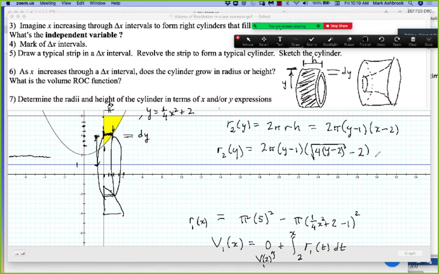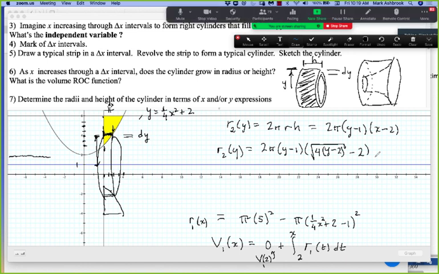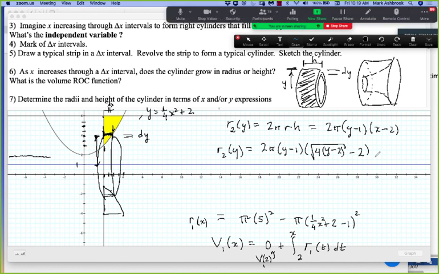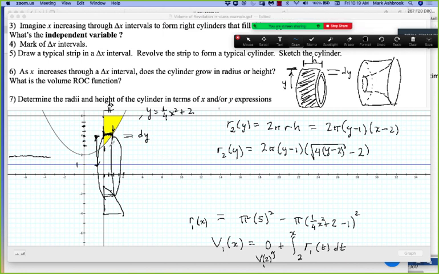So basically, just to recap, we have this y equals 1 and x equals 2, or I'm not sure if that's right. I don't remember what the original equations are, but we have to take that into account when we're looking at the radius and height, and that's why it's a variation in x and a variation in y, right?